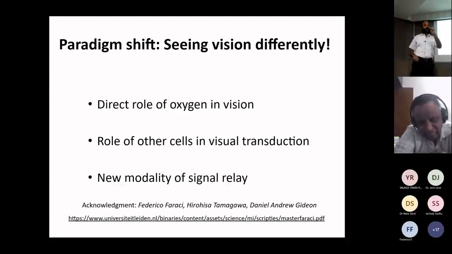He had critiqued the Hodgkin-Huxley model on its 60th anniversary. It is the standing physiological model, Nobel recognized. He had the guts, and it's a very systematic work. If Federico is hearing this, I congratulate you for your wonderful work. That's what this kind of research should be. You should not really bother whether it is a Nobel recognized work or not. It should appeal to common sense, and that's what is important.